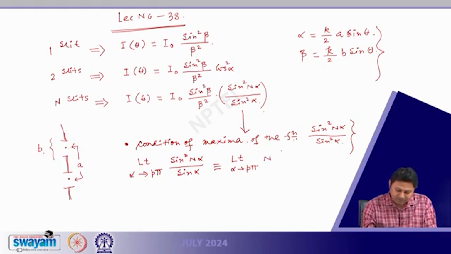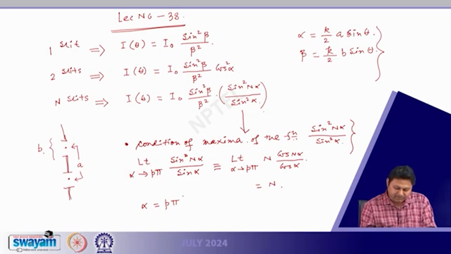So, it will be n cos n alpha divided by cos alpha. If I put p pi here, this value will be essentially equal to n, and n is a large number, and that is the maximum value. So, alpha equal to p pi is the condition for the maxima of this function.